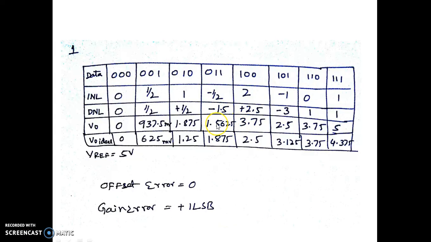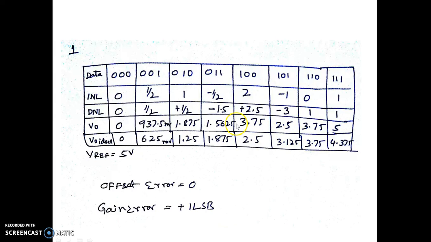Similarly, from this value, it was supposed to be 1.875. So from this plus 1 LSB, suppose if you find out 1.5625 plus 625 millivolts, it happens to be 2.1875.